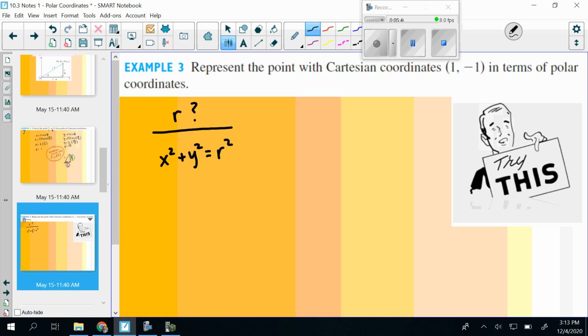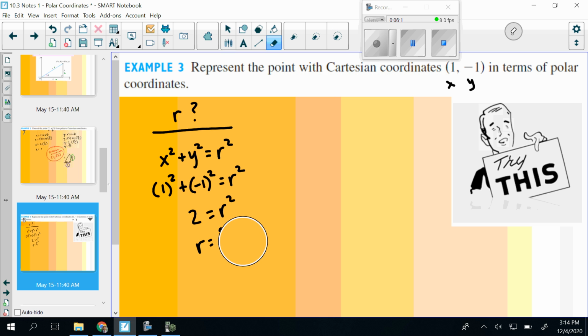So if we plug in our x and y value, we get 1 squared plus -1 squared equals r squared. 1 squared is 1, -1 squared is also 1, 1 plus 1 would be 2. And so if we took the square root of that, that would tell us that r would be plus or minus the square root of 2. Now, since we're going to be figuring out this angle, we really just want to use that positive value there of square root of 2.